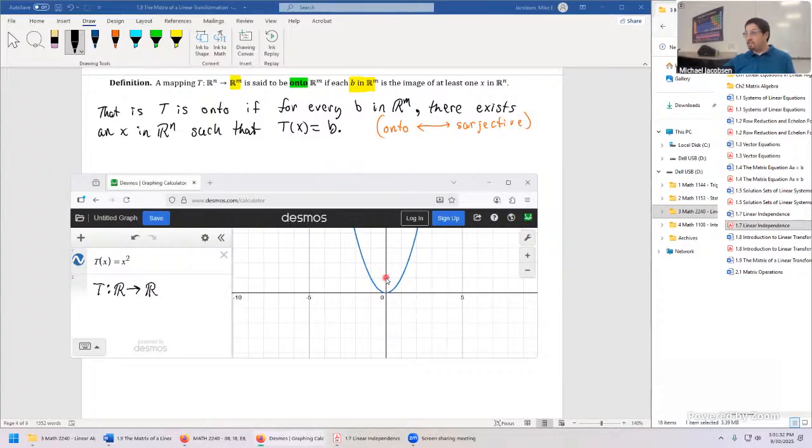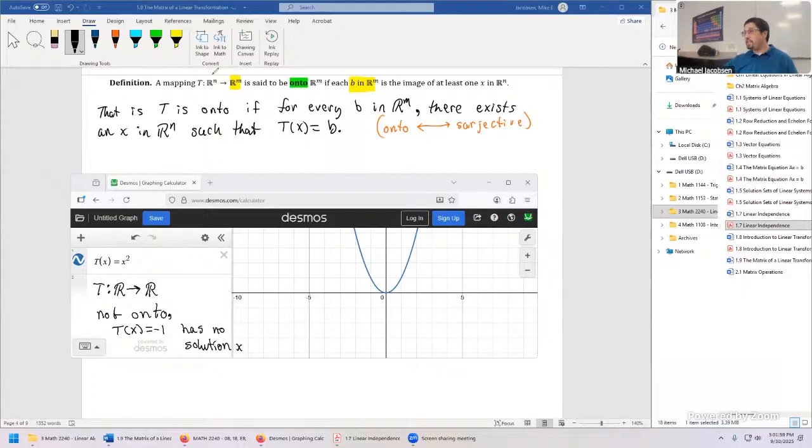Sure, if I take a number 1, then 1 down here maps to that value 1, but nothing in the negative end works. So this is not onto. In other words, T of x equals -1 has no solution x.